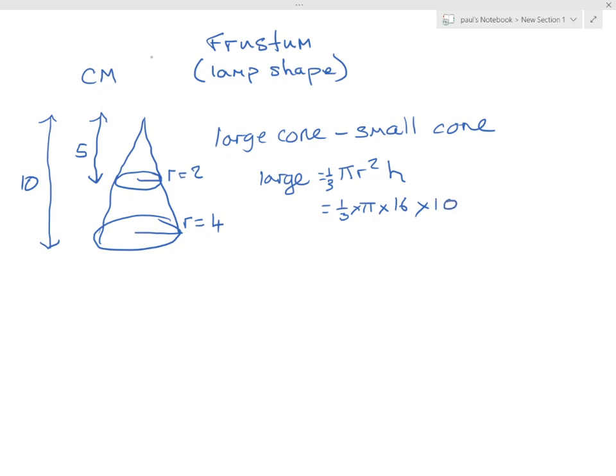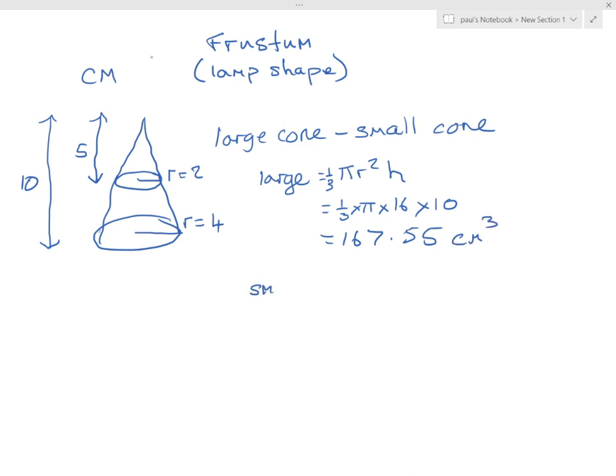So 1 divided by 3 times pi times 16 times 10 equals, in decimals, 167.55 centimeters cubed.